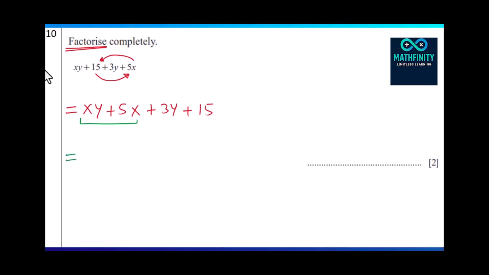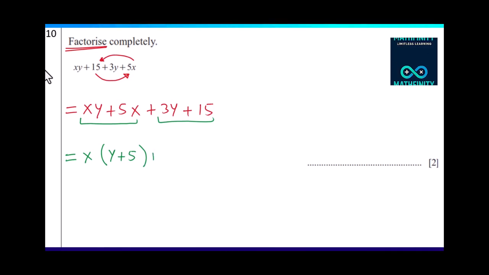From the first two terms, x is common. So what do we write inside the bracket now? y plus 5. From the second pair, what is common? The number is common and that is 3. So plus 3, and inside the bracket y plus what is the number here? 15. 15 divided by 3, 5.